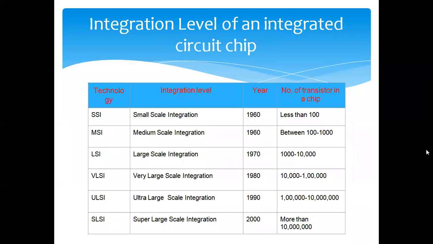What are the different IC technologies that have evolved since many years back to nowadays? First there was only SSI. What do you mean by SSI? Small scale integration, in the year 1960, which consists of less than 100 transistors in a single chip.